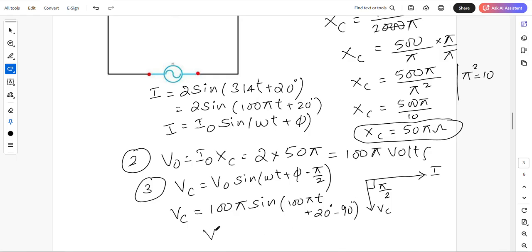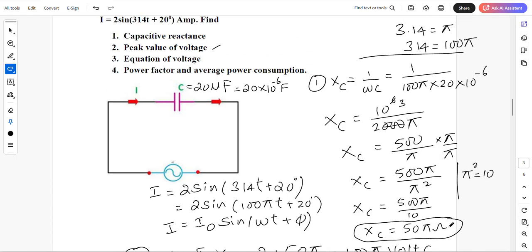Therefore, Vc is equal to 100 pi sine of (100 pi t minus 70 degree) volts. This is the equation of voltage. Now power factor and average power consumption. We know what the power factor is.